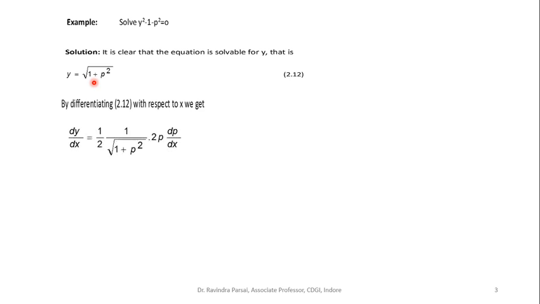So first the differential of the power function is 1 upon 2 into under root of 1 plus p square. Then the differential of the inner function with respect to x is, first you differentiate the power of p as 0 plus 2p, then into the differential of p with respect to x, which is dp by dx.